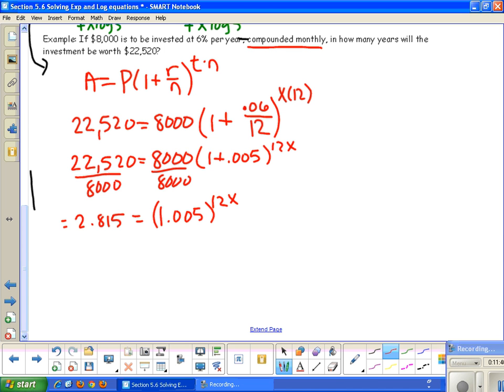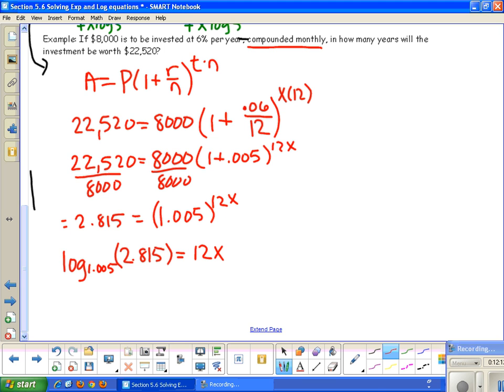So if I want to solve this, I can solve it by putting it in logarithmic form, or I can take the log of both sides to solve. So I'm going to go ahead and do both. So if I put this in logarithmic form, I would get the log, and the base would be 1.005, of 2.815 is equal to 12x.